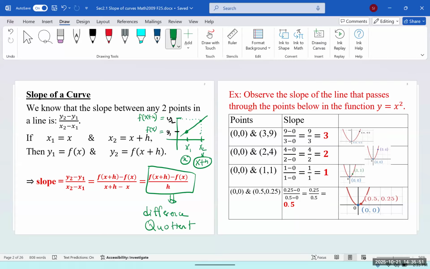Our x is 3, our y is 3 squared, 9. What's the slope of the line that goes through these 2 points? You substitute y2 minus y1 over x2 minus x1, and we get the slope is 3. This is our graph. Our 0, 0 is here, and 3, 9 is here. This is the slope of the line that goes through these 2 points on our parabola.